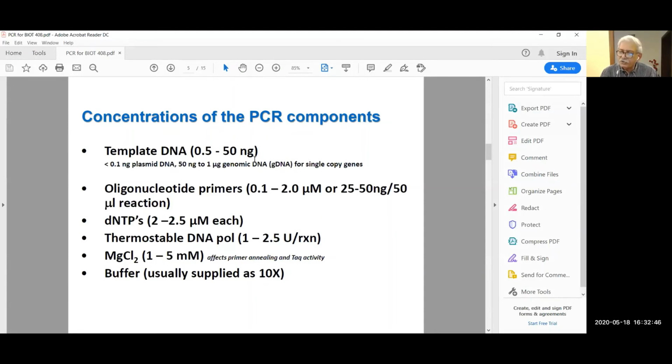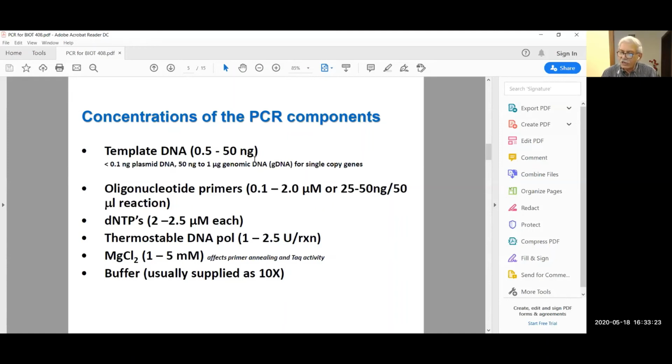How many genomes do you need to get to 1,000 templates? 1,000 divided by 2 is equal to 500. Okay? You need 500 genomes to present 1,000 template molecules. Now are you understanding something? 6 picogram of DNA has 2 copies.